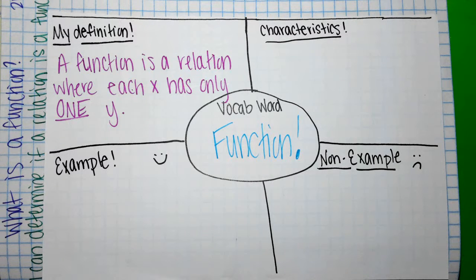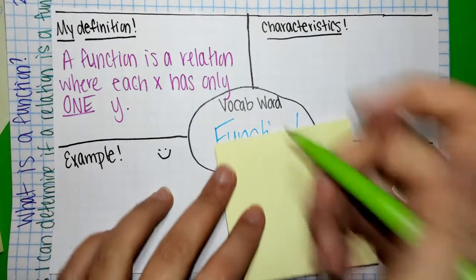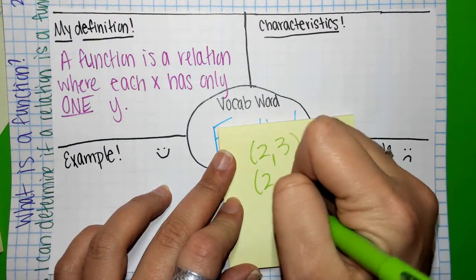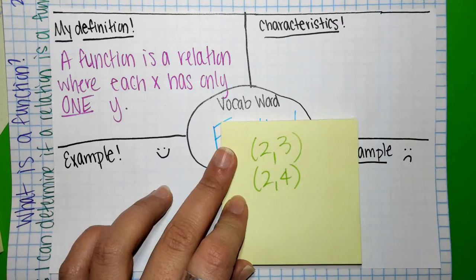Now, what do you think that means? That your x value can only have what? So if I had 2, could I also have 3 as my y value and 4 as my y value? If my x was 2, and I said 3, could I also write 2, 4, and it be a function?